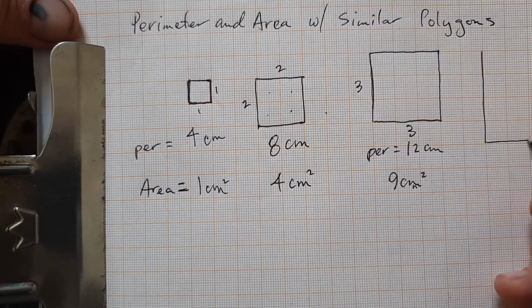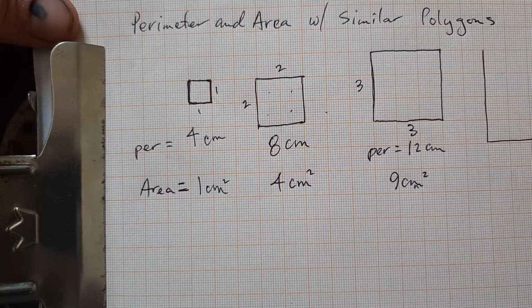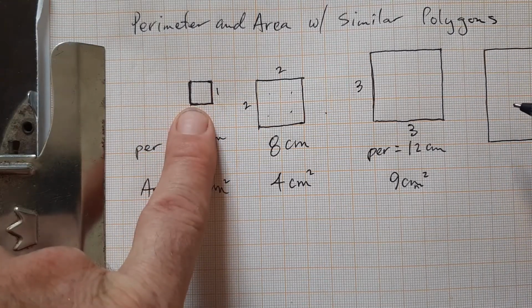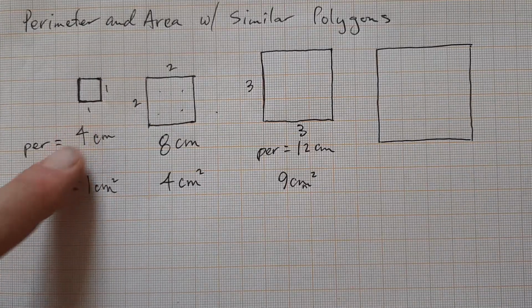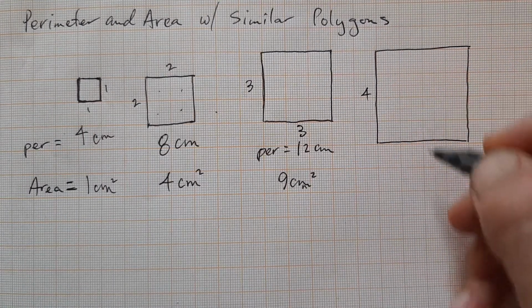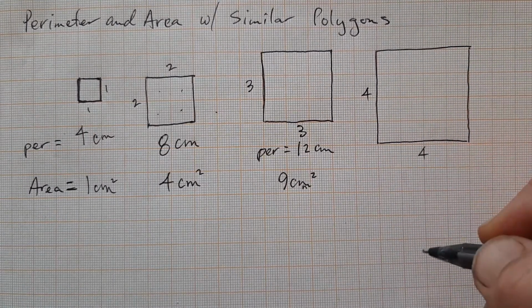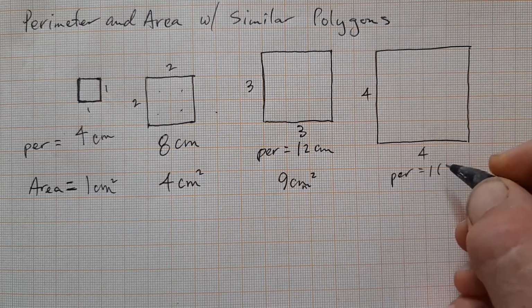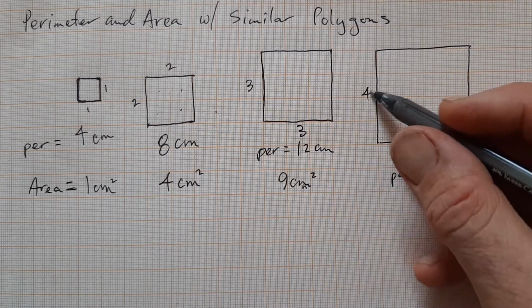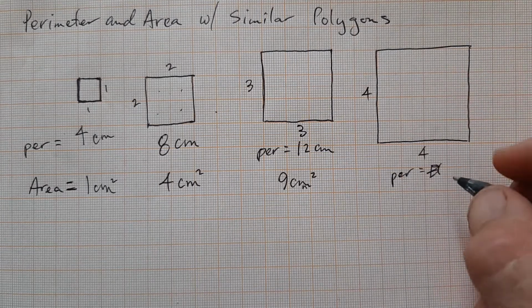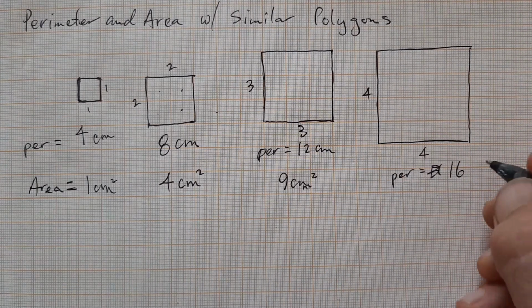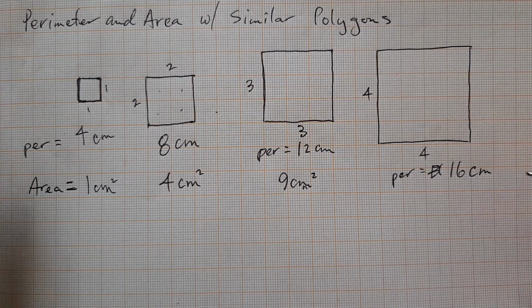4 by 4. And what if I have 4 times the perimeter? The perimeter is 4 times as big. The perimeter is 4 plus 4 plus 4 plus 4, 16.